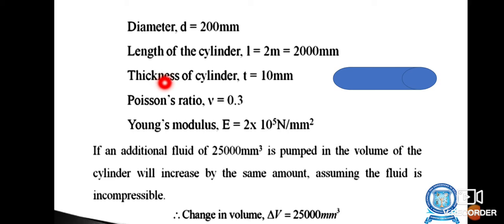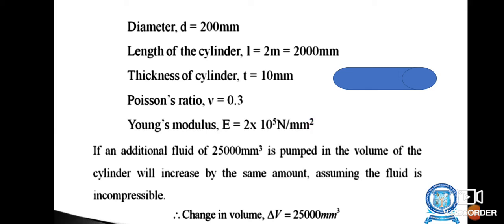Then thickness of cylinder t is equal to 10 mm. Poisson's ratio μ is equal to 0.3. Then Young's modulus E is equal to 2 × 10^5 N/mm². That is the data inside the problem.